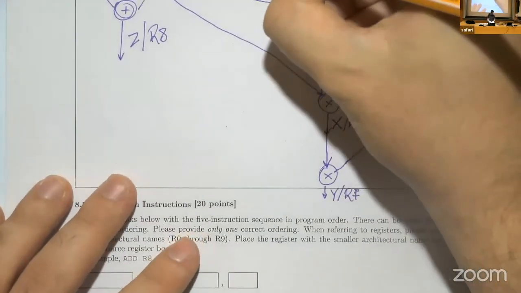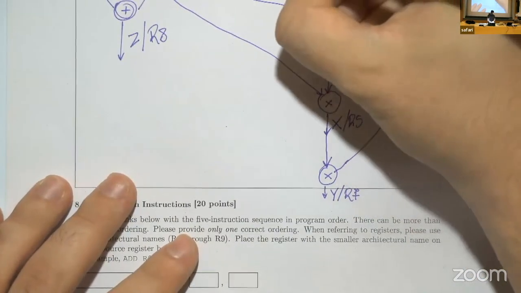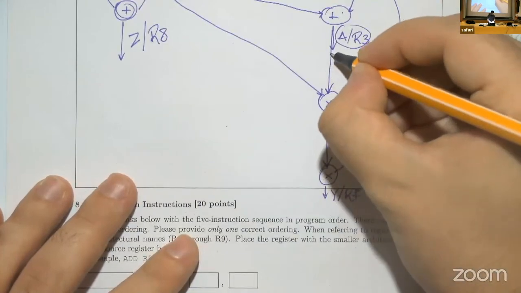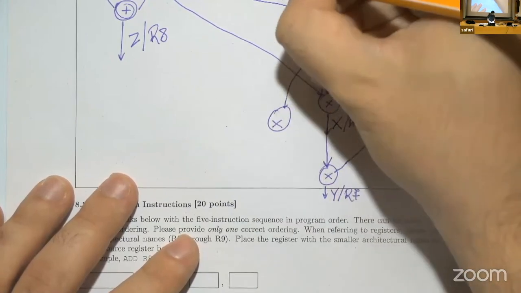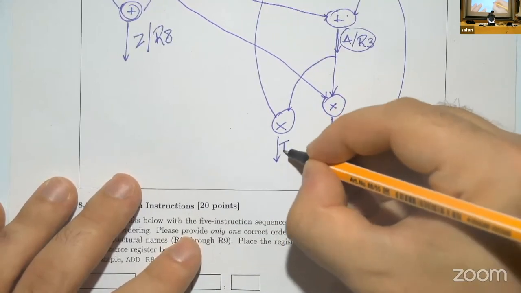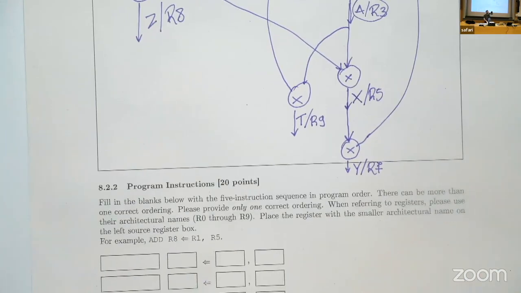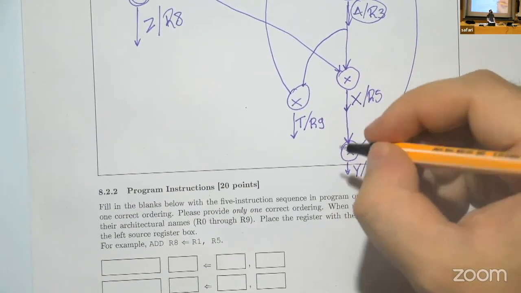That's why I left some space here. So you multiply R6 with R3, and you get the result T in R9. So right now we have all the 5 nodes that we need, which correspond to 5 different instructions.